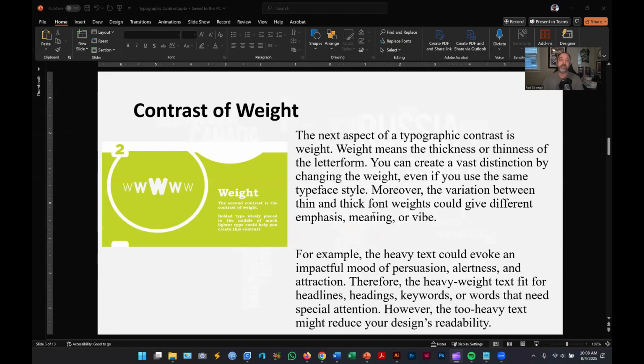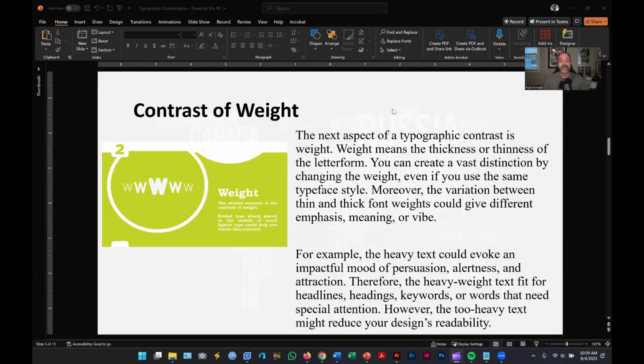Contrast of weight. Now, weight has to do with the thickness of a font, okay? So a new aspect of typographic contrast is weight. Weight means the thickness or thinness of a letter form. So as designers, we don't say something is bold necessarily. That's something completely different. But the weight is how thick or thin that letter or that font is.